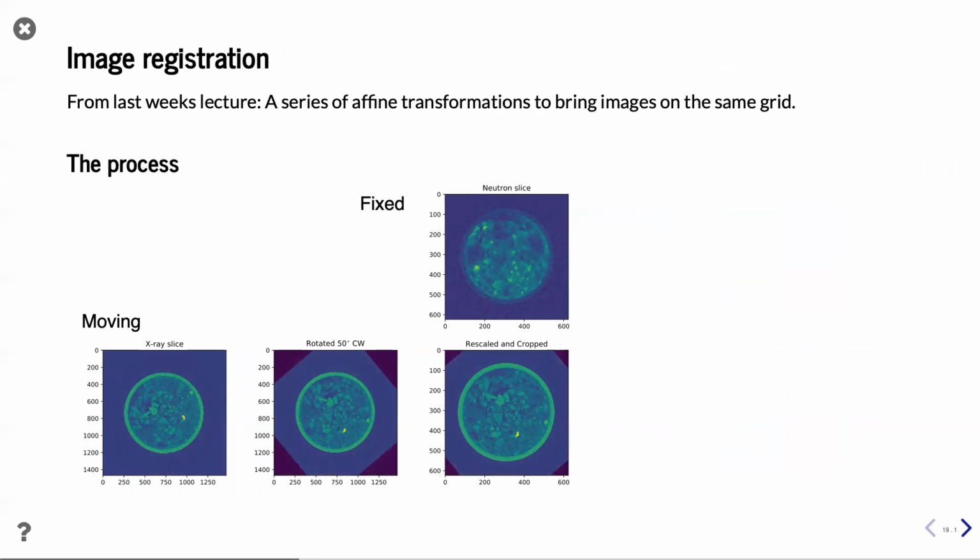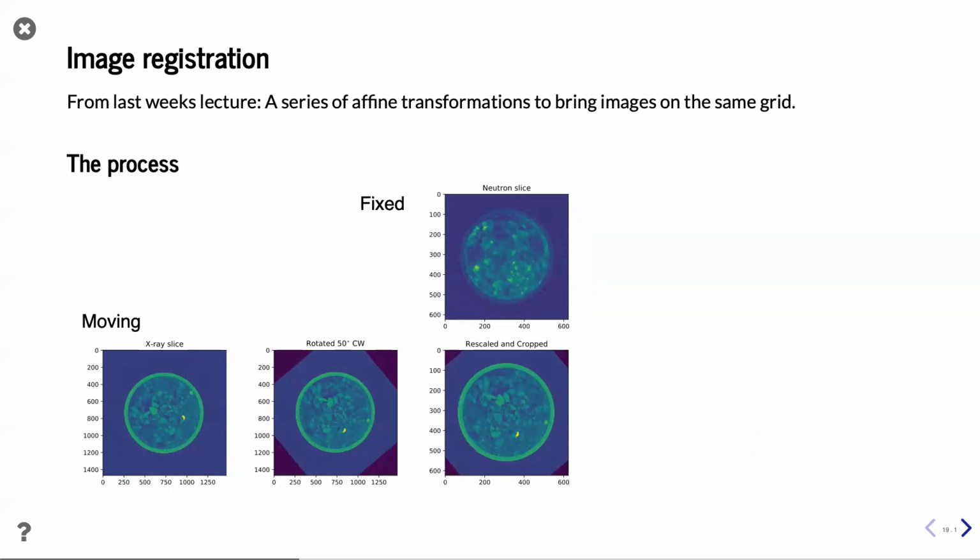Image registration is something we did already last week, but I just want to revisit it. And in principle, what you have is two images. In the time series case, we had the same type of images, but now with different modalities, we have images with different contrasts. So you have one fixed image and one moving image.